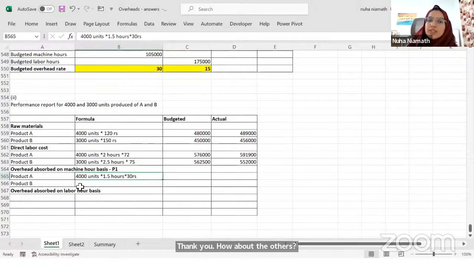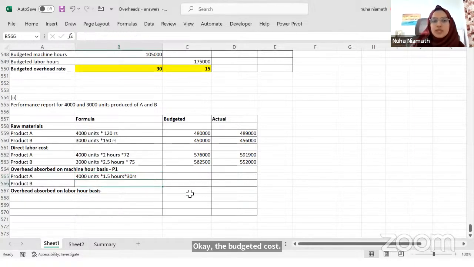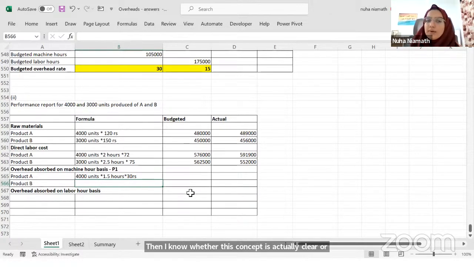We will just use the budgeted rate here to calculate the budgeted cost. Okay, great. So can somebody tell me what will be the formula for product B for the budgeted cost? Then I'll know whether this concept is actually clear or not. Can somebody tell me for product B in the comments? What will be the budgeted cost?